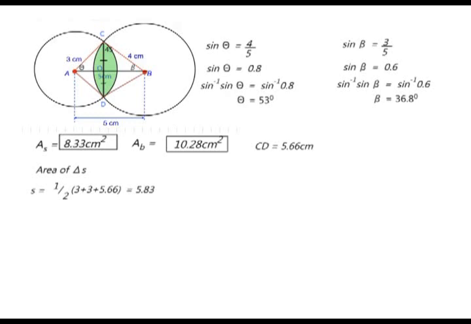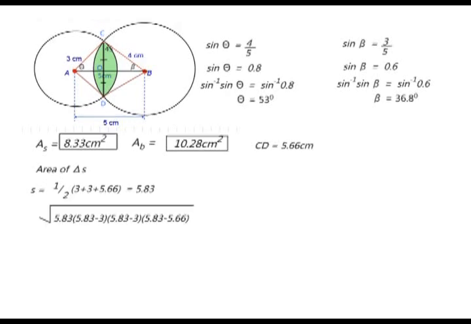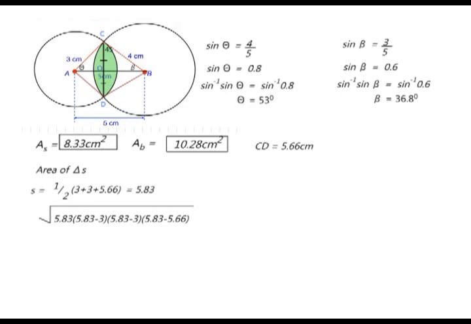Area of the small triangle will be square root of 5.83 times (5.83 minus 3) times (5.83 minus 3) times (5.83 minus 5.66). That will give us 5.83 times 2.83 times 2.83 times 0.17.